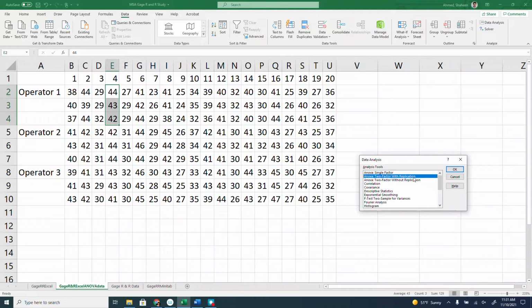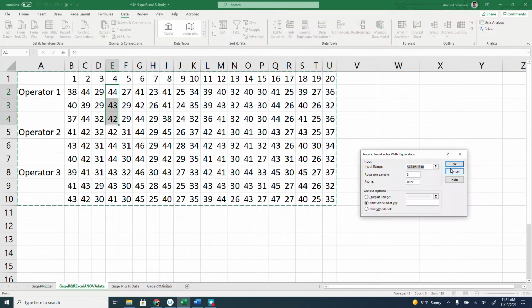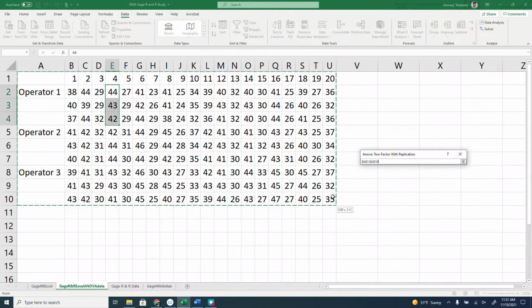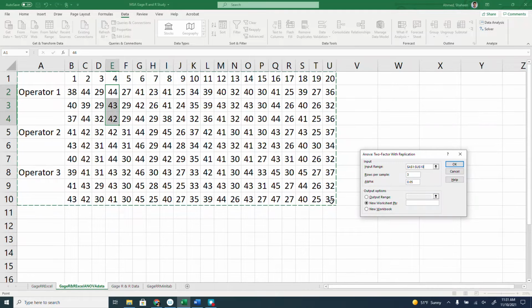We have two factors, one is part number and the other is the operators. And also we have replication. 3 replications were made for each part by each operator. So hit OK and select this data, and select 3 replications per row. Then just hit OK.